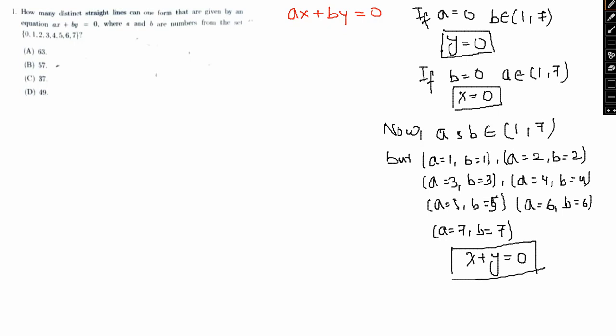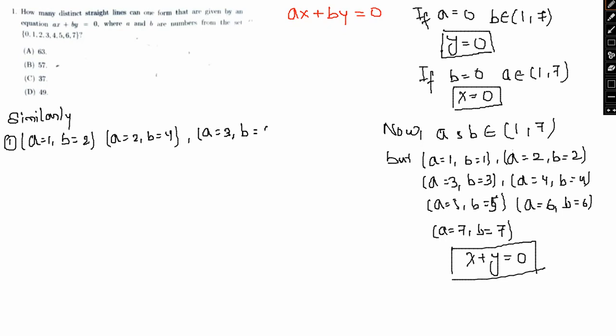Now similarly, if we take a look at the following pairs, the first group will be a equal to 1 and b equal to 2, a equal to 2 comma b equal to 4, and a equal to 3 comma b equal to 6.